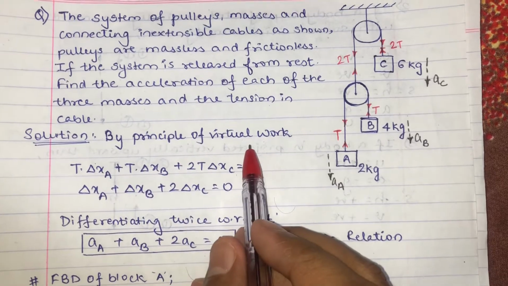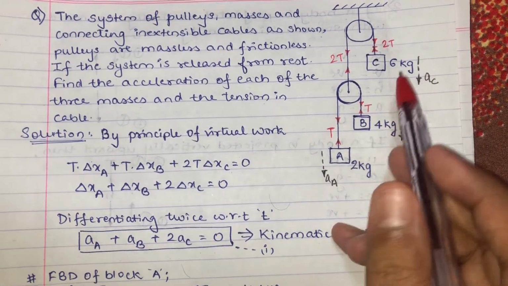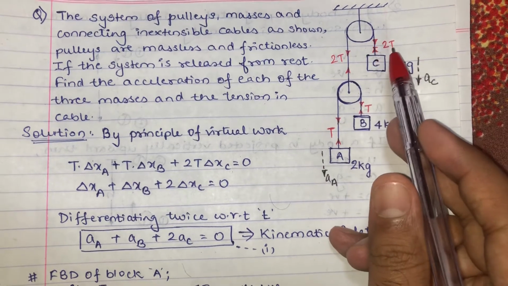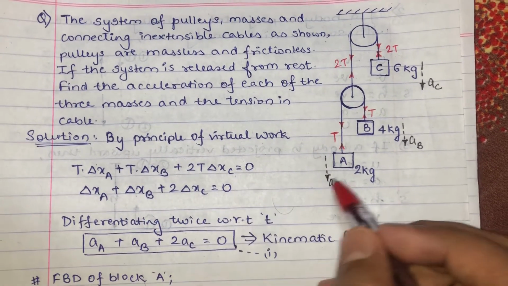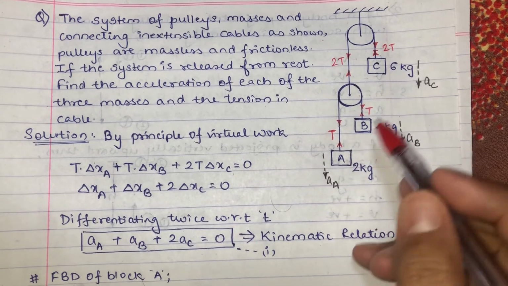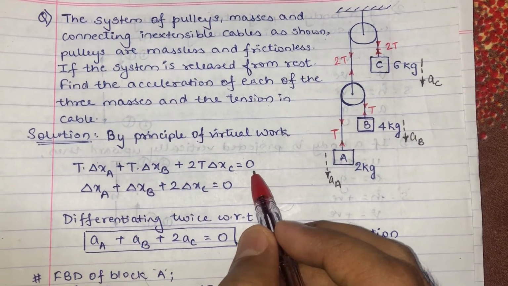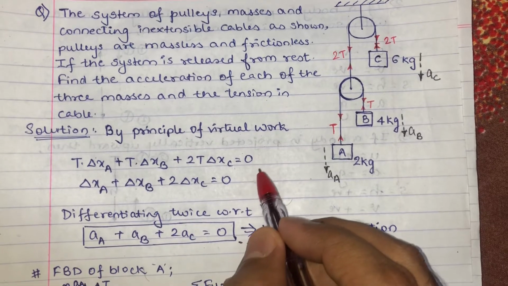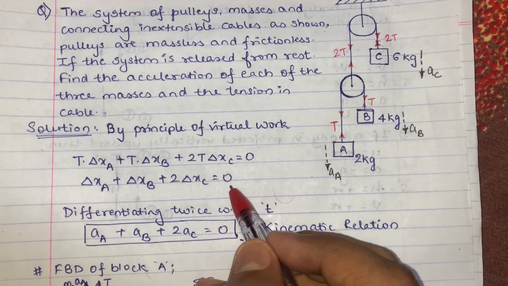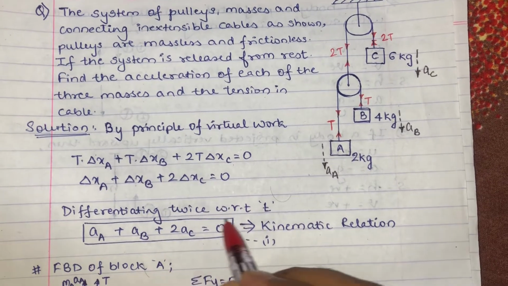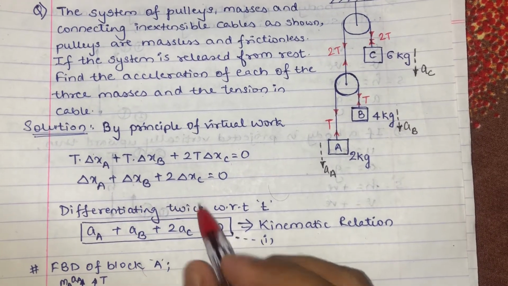By the principle of virtual work, T delta XA plus T delta XB plus 2T delta XC equals 0. Why all addition? Because all the blocks are moving down. If I take T common and divide by T, T gets cancelled, and it becomes delta XA plus delta XB plus 2 delta XC equals 0. Differentiating twice with respect to time gives acceleration of A plus acceleration of B plus 2 times acceleration of C equals 0.